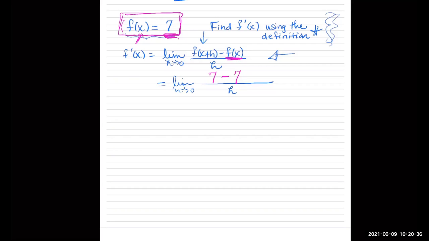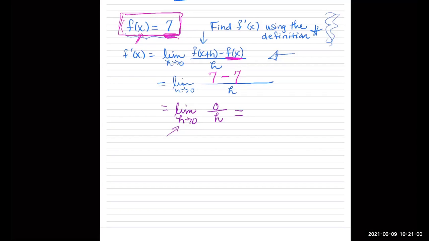So if I simplify that, I have the limit as h approaches 0 of 0 over h. Now notice that when we take the limit as h approaches 0, it doesn't matter what happens at 0. That h is not actually equal to 0. That just means what happens when we get close to 0.